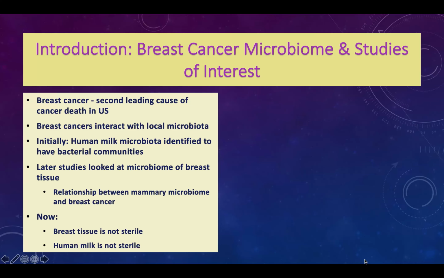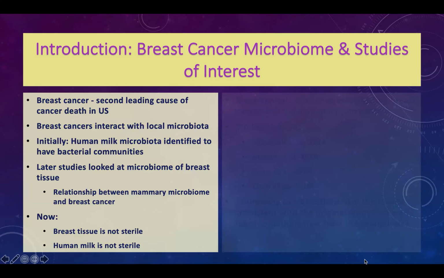Later studies then looked at the microbiome of breast tissue, investigating the relationship between the mammary microbiome and breast cancer. So now it's widely known that breast tissue is not sterile and human milk is not sterile.